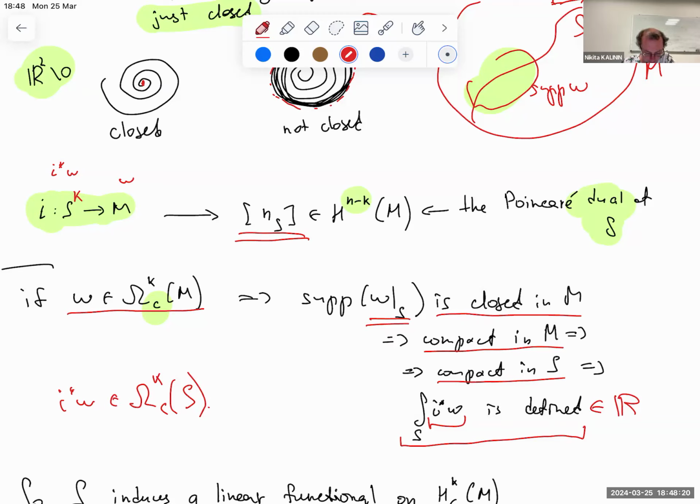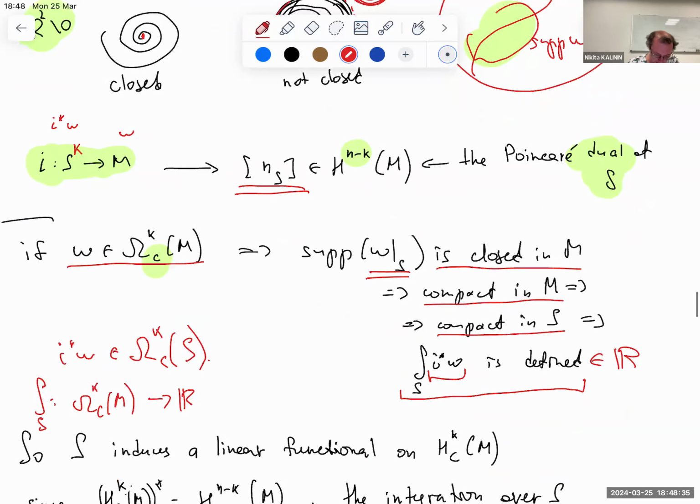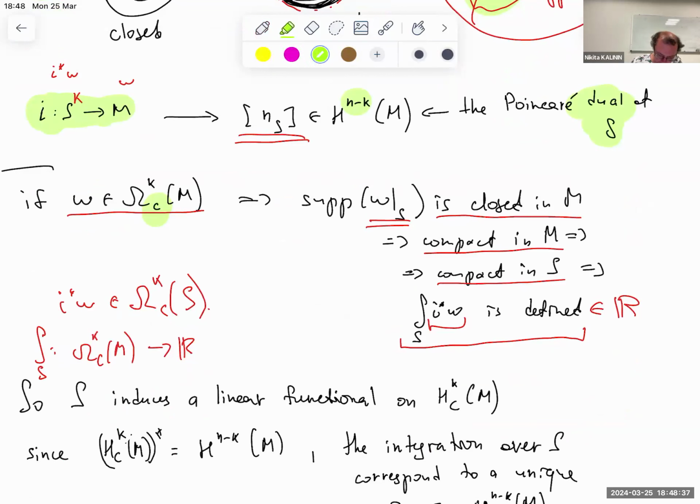So for any form in Omega^k with compact support, we obtain just a number, and that we did by integration over S. So S induces a linear functional on this set of forms with compact support.